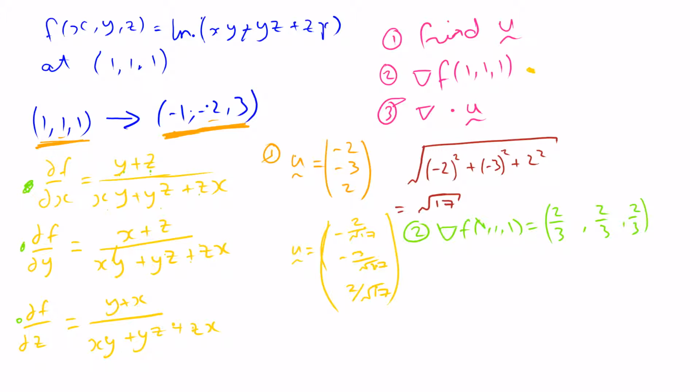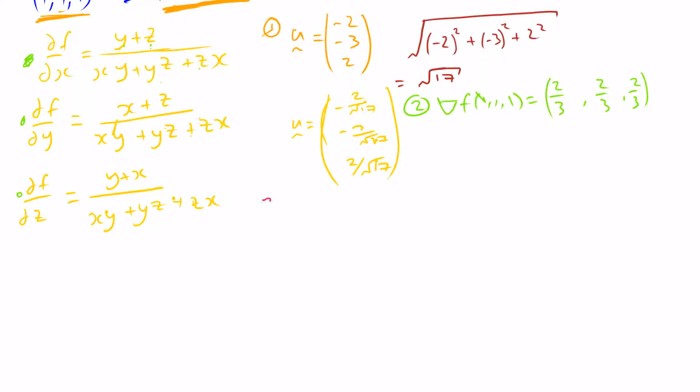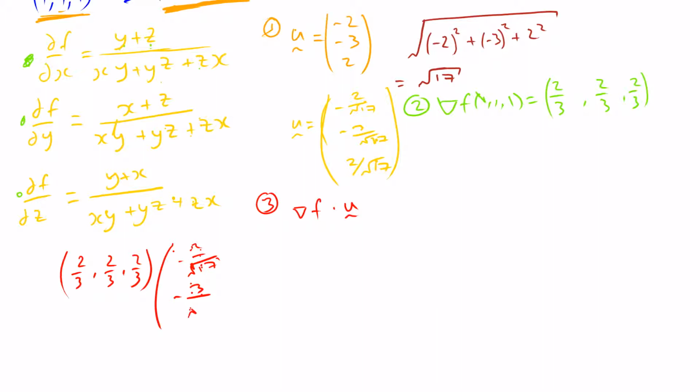So the third step is to dot the two vectors, u and the gradient. So step 3 is grad f dotted with u. That gives us 2/3, 2/3, 2/3 multiplied by -2 over root 17, -3 over root 17, and 2 over root 17.